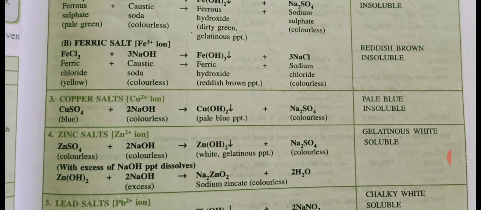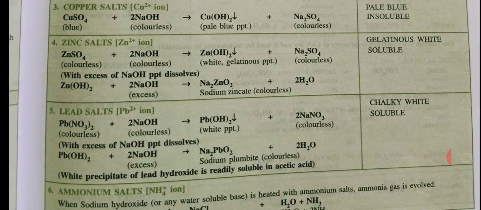But children, when you add excess of NaOH, this gelatinous PPT dissolves and it forms a compound called sodium zincate. So with a little bit of NaOH, it forms white gelatinous PPT of zinc hydroxide, and with excess of NaOH, it forms a colorless solution of sodium zincate. So with excess of NaOH, the white gelatinous PPT dissolves.